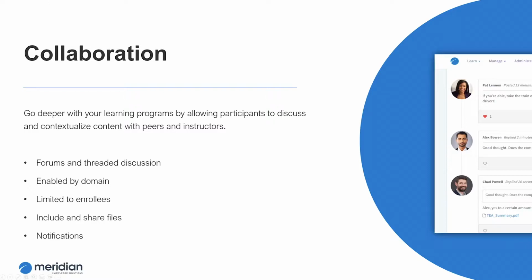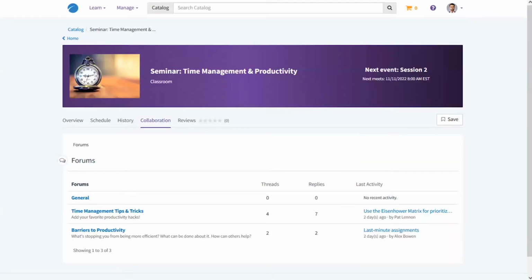We can go through a couple of screens and give you a flavor of what's out there. First off, it's integrated into the course. This is a classroom course, and you see we have a new tab. If enabled, a learner can see the forums that are available.